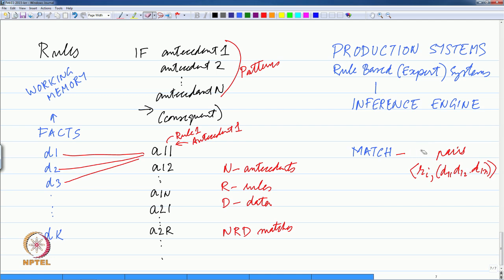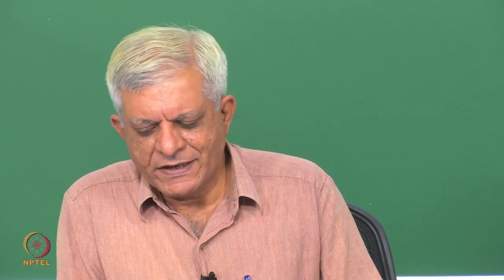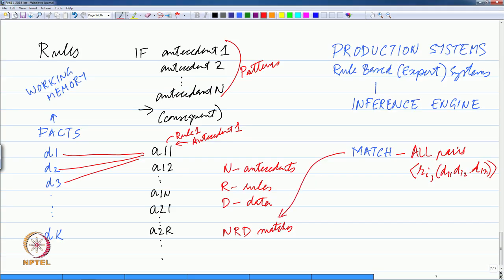Find all such pairs. Let me emphasize that. So, the match part of the algorithm simply says, given a set of facts and given a set of rules, both are statements in first order logic, which rules are matching with which data, produce the whole set for me and I will choose which one to select after that. So, we are sort of doing a pre processing of match essentially, and this match is what will do this n r d number of matches essentially.